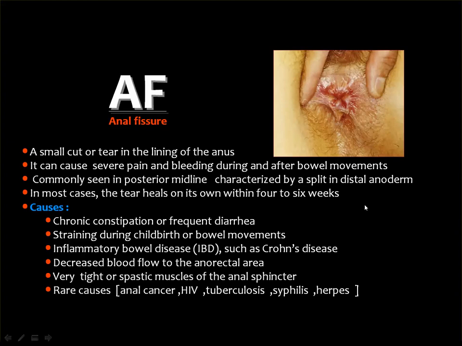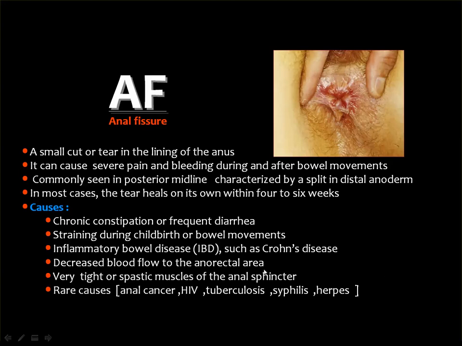Then the most classic site for the anal fissure is exactly posteriorly in the midline, and in most of the cases the fissure heals spontaneously, but sometimes it may need surgical interference.